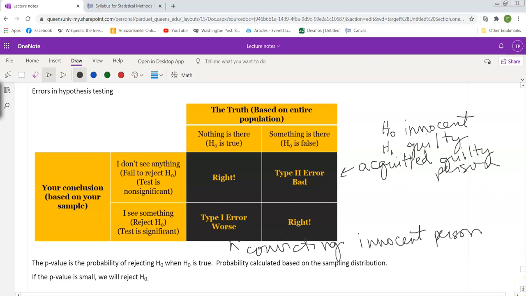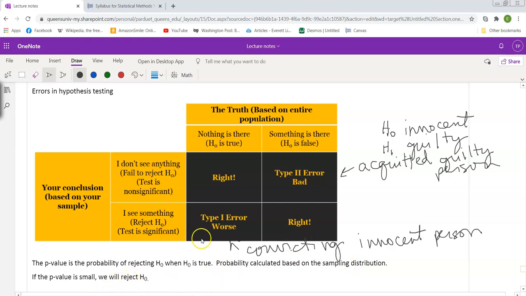So the p-value, which we're going to be calculating in every hypothesis test, is the probability of making a type 1 error. So the p-value is the probability of rejecting H0 if H0 is true. And you find the probability based on the sampling distribution.